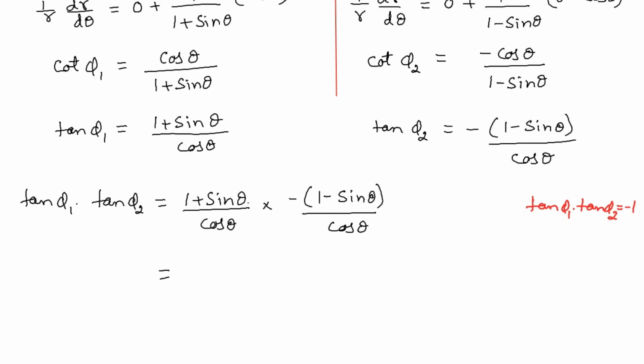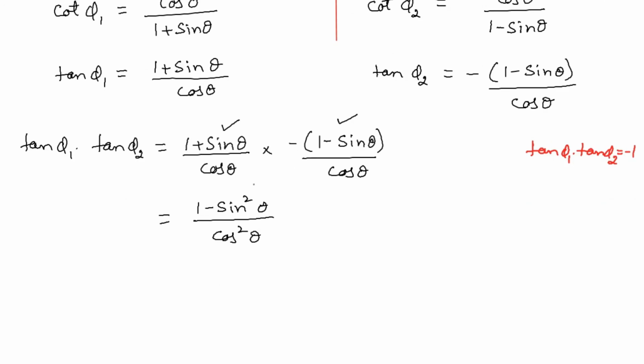If you try to observe, this is in the form of 1 plus sine theta and 1 minus sine theta. It is a plus b into a minus b form. I can write a square minus b square. So 1 square minus sine square of theta, whole divided by the denominator cos theta into cos theta, which will be cos square of theta.